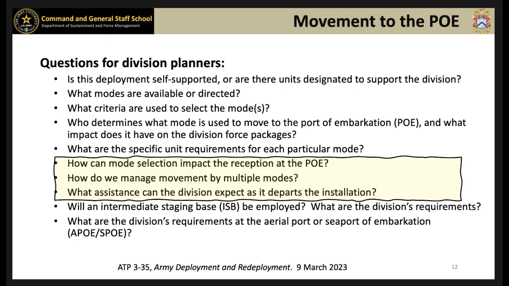When the APOE or the seaport of embarkation is nearby, units can often utilize their own equipment and conduct convoys. However, if the APOE or seaport is further away, reliance on commercial road or rail transportation becomes necessary to facilitate movement to the port.